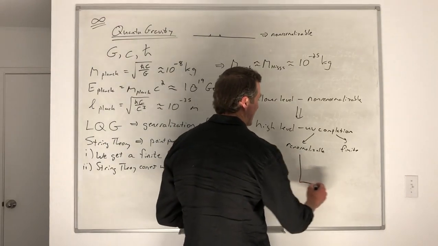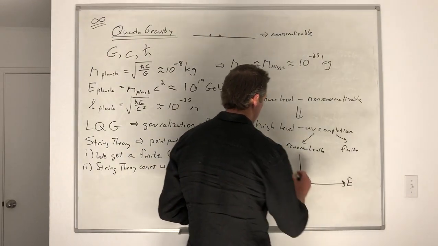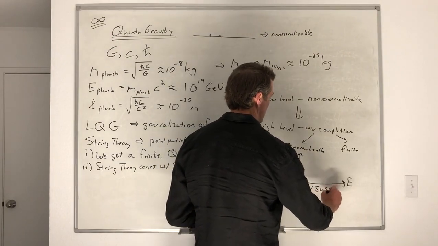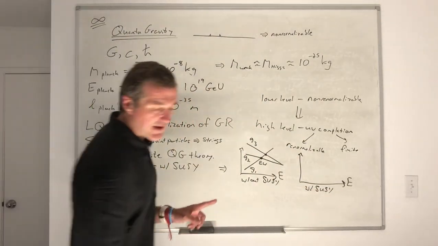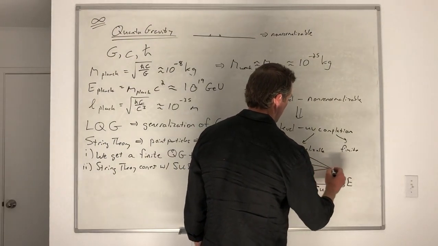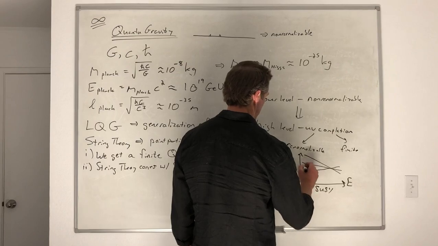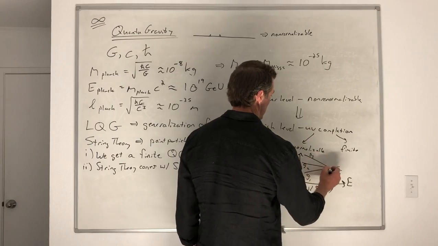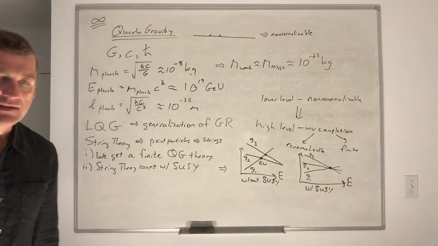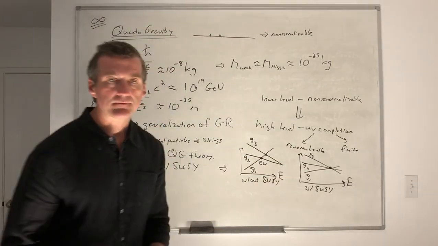However, if we look at the running of the couplings in the standard model with SUSY, then what we find is the following. All three of the couplings of the standard model actually unite at a single energy level.